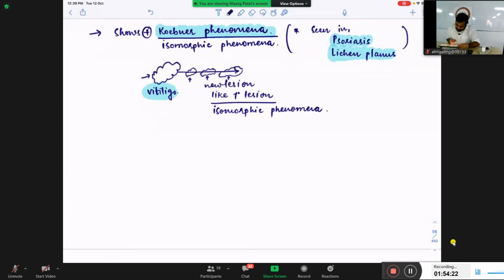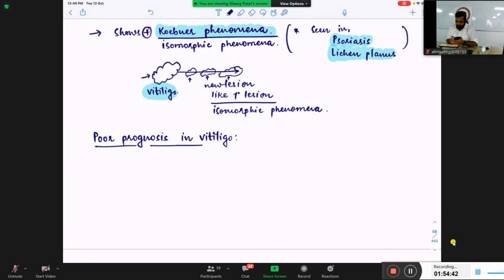Okay, what can lead to the poor prognosis in the vitiligo? What are the factors?